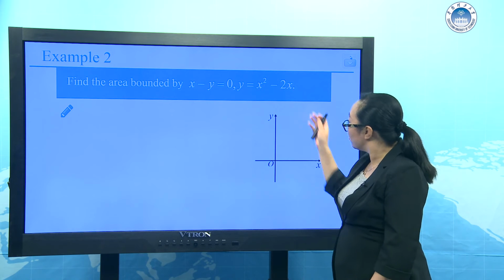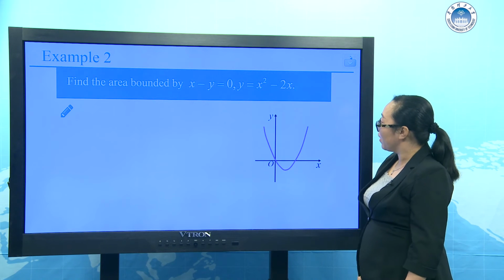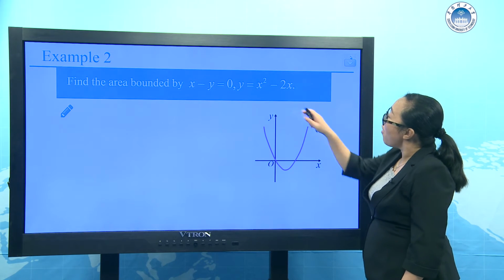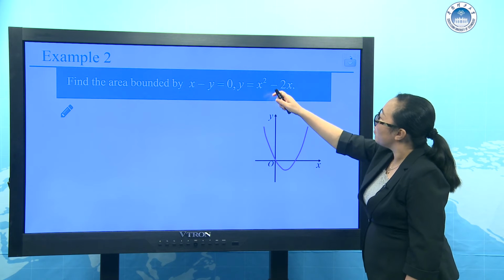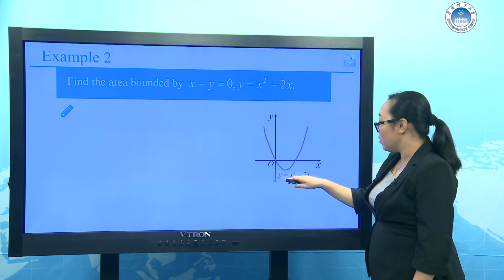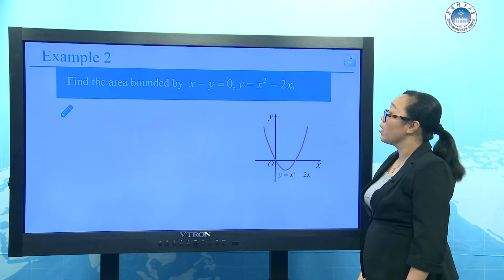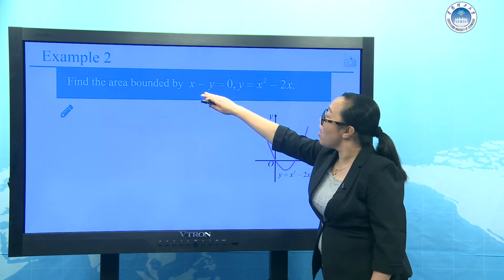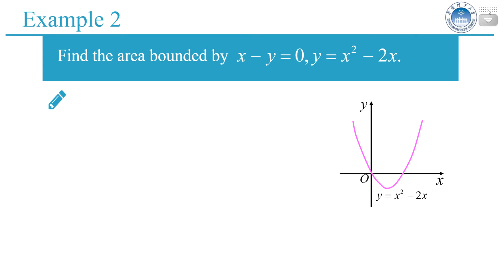So now, drawing the corresponding figure. This is our y equals x squared minus 2x. So this is one curve. Drawing another line, x minus y equals 0, the straight line, together bounding the region. So this part is our region.